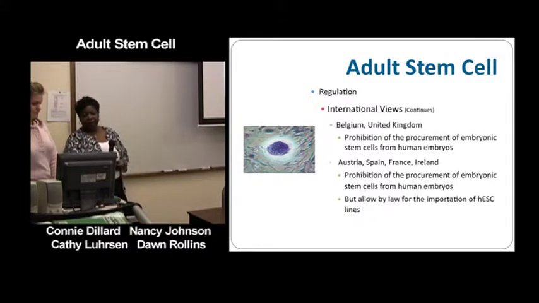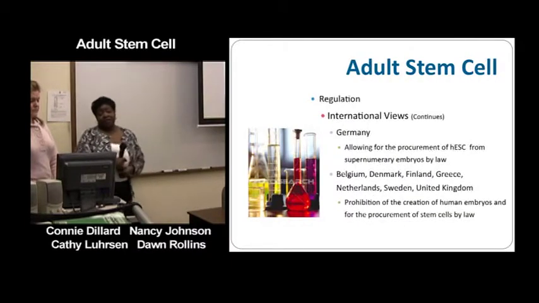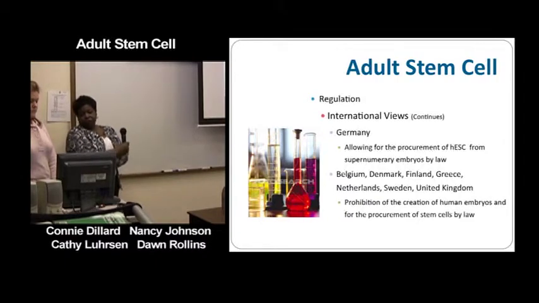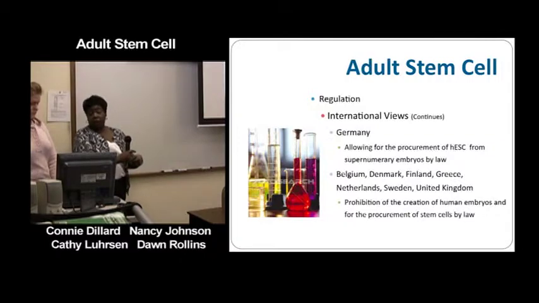And they do, by law, allow the importation of human embryonic stem cell lines, while Germany allows the procurement as well. Belgium, Denmark, France, Greece, and the Netherlands prohibit the creation of human embryos and procurement for stem cell research by law.